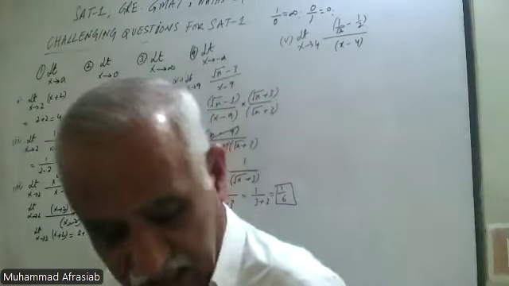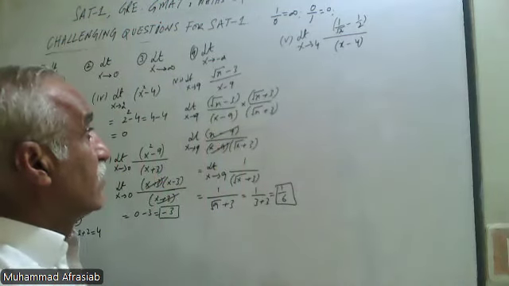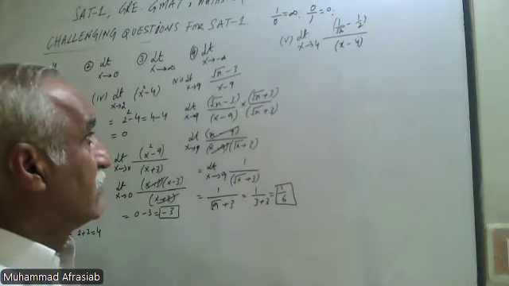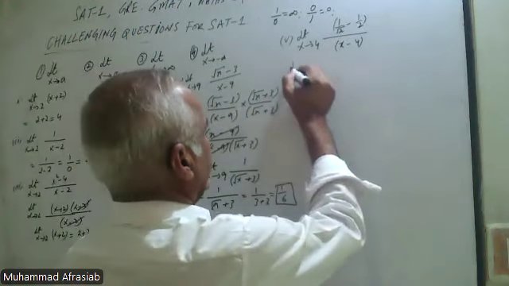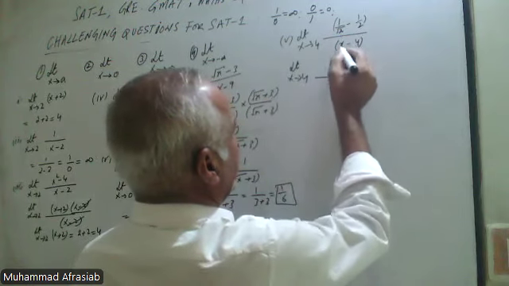Now, this again needs factorization, because if you directly put x equal to 4, it will become undefined. So let's first factorize it and then put the limits. The limit as x tends to 4, we take the LCM here.